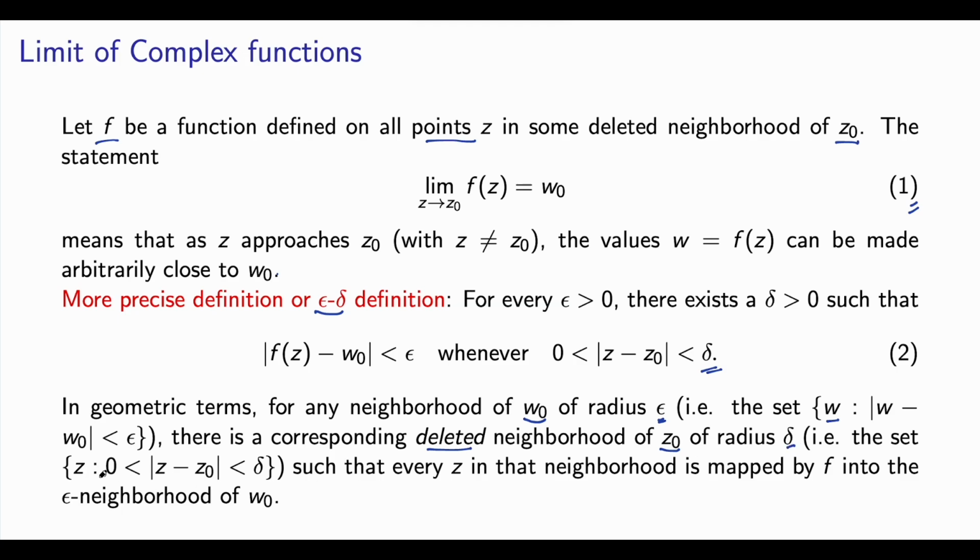That means the set of z such that modulus of z minus z naught is less than delta and greater than 0, such that every z in that neighborhood is mapped by f into the epsilon neighborhood of w naught.